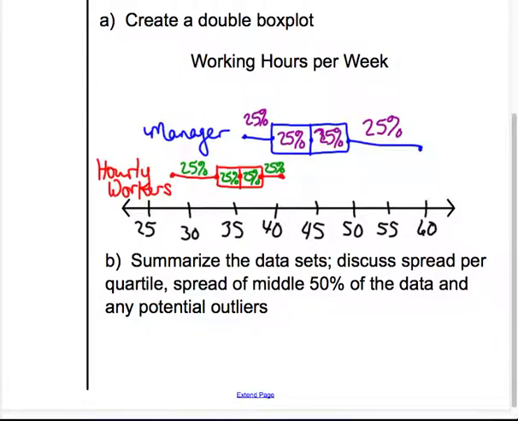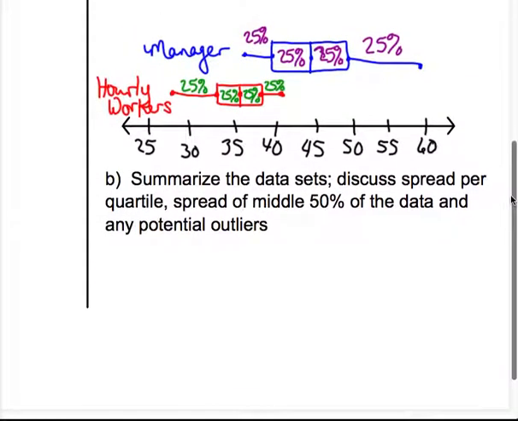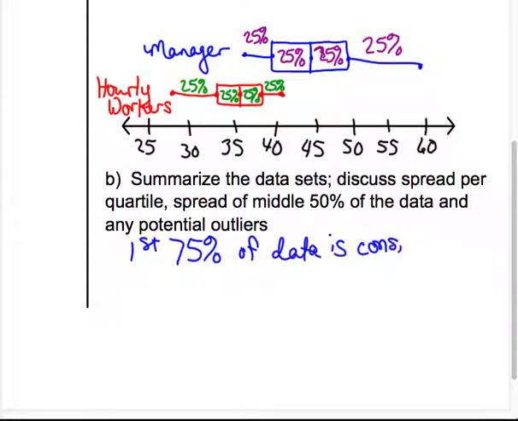So comparing these 2 box plots and summarizing the spread of the data, that's what a box plot gives us. I would say, for the first, sorry if I'm writing it in red, that would be the hourly. Let's stick with blue for managers. So the first 75% of the data is consistent because each of those boxes or whiskers are about the same length.